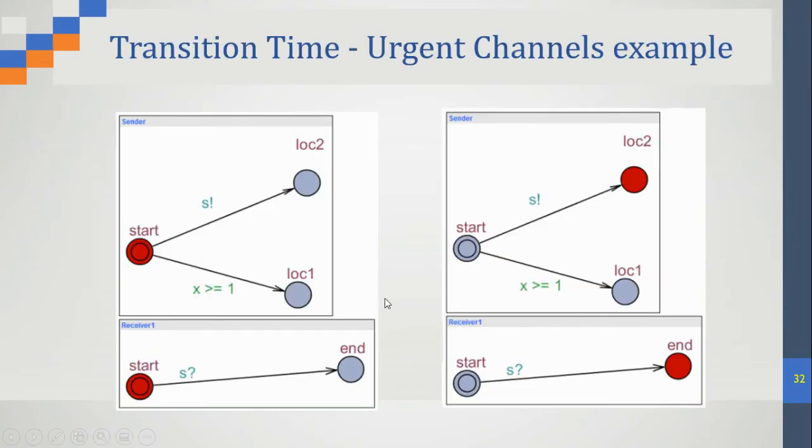Here is an example: we have location 1, location 2, and here we have urgent locations. So this one will be taken, and at the same time the time will not be calculated or increased.